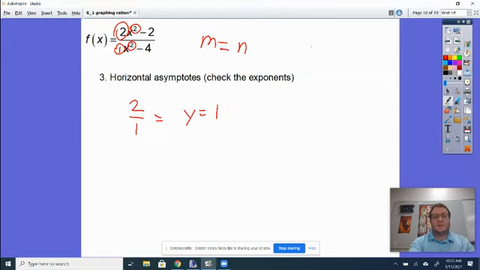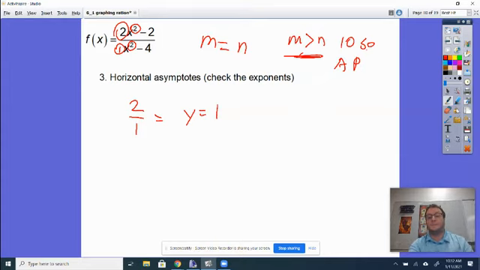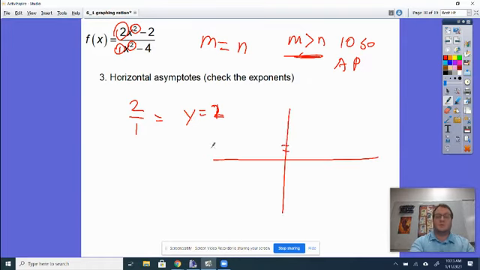The other case that you could have is m greater than n, but you're going to learn this either in 1050 or AP, on what to do in those cases. We're not going to get into those cases today. Okay, so at y equals 2, that's where my asymptote is going to be here.